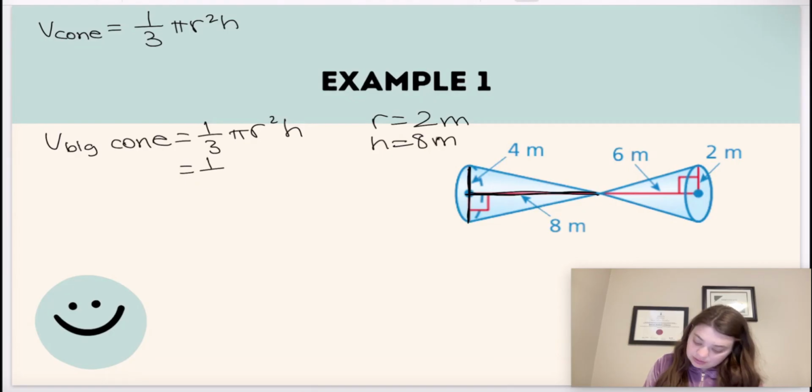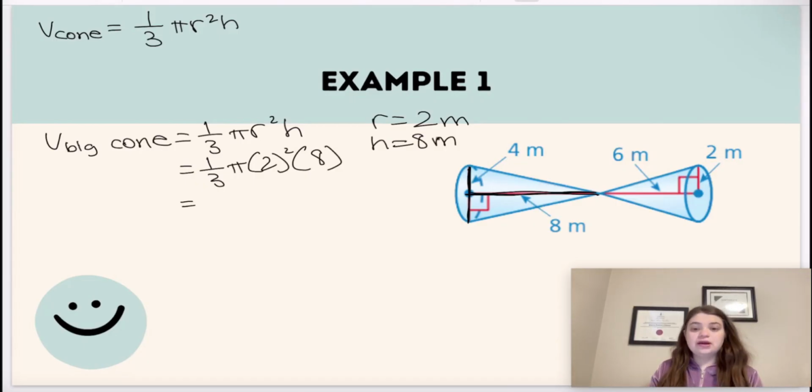So I'll be substituting in 2 and 8. All right, so 2 squared is 4, and 4 times 8 is 32. So I'm going to get 32 over 3 pi. All right, so that's the volume of the big cone.